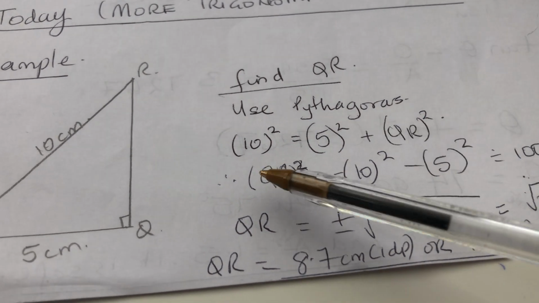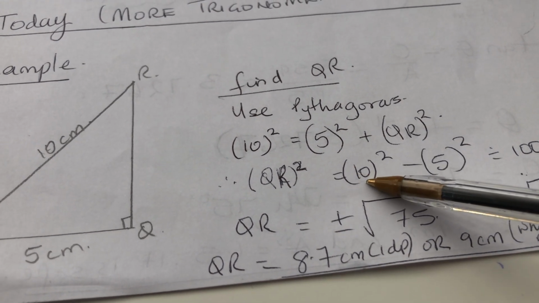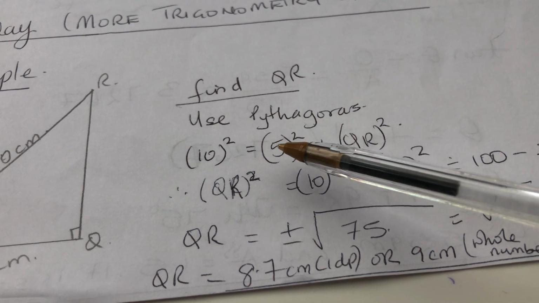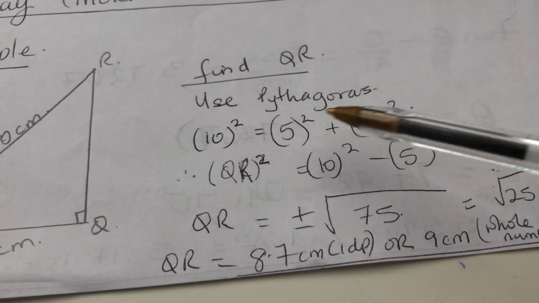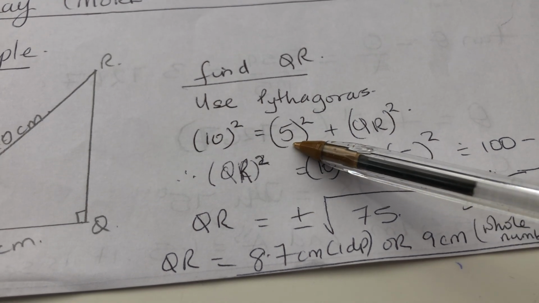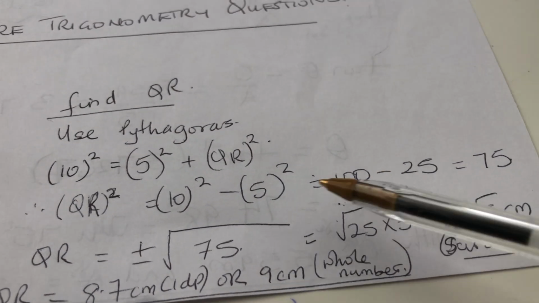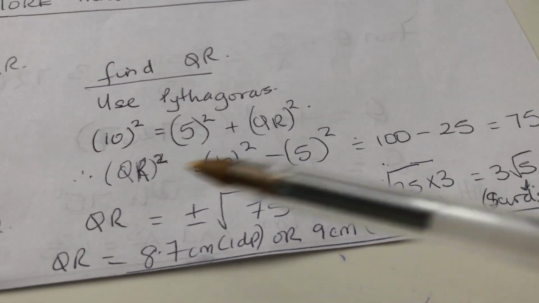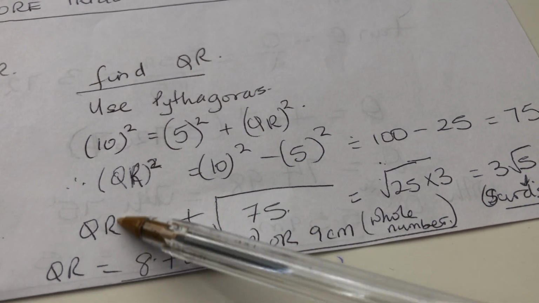Okay, so QR or RQ all squared will be 10 all squared minus 5 all squared, because if this 5 all squared moves to the left hand side so that we can make QR all squared the subject, then it's going to subtract because it's adding here. 10 squared will be 100, 5 squared will be 25, so we have 75.